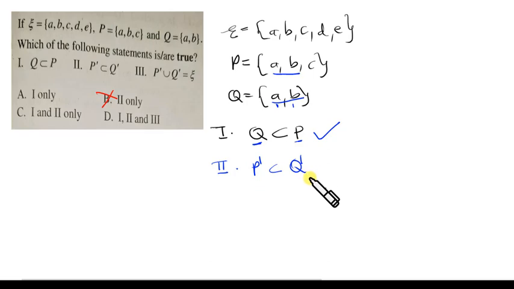Now first, let us try to understand what we mean by this. If we write P with the sign over it, we call it P complement.